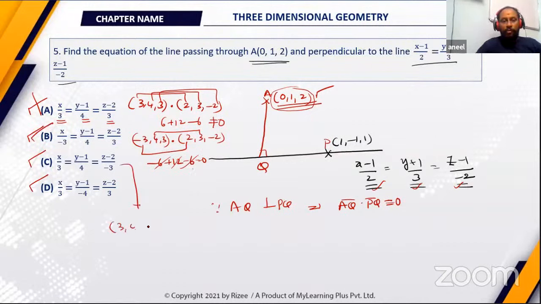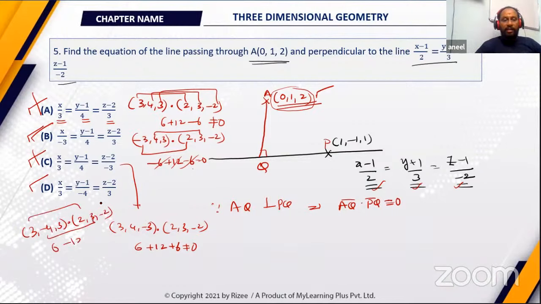So 3, 4, minus 3 dot with 2, 3, minus 2 gives 6 plus 12 plus 6, which is definitely not 0. The last option, 3, minus 4, 3 dot with 2, 3, minus 2 is again 3 2s are 6, minus 4 3s are minus 12, 3 into minus 2 is minus 6, which is not equal to 0, hence this cannot be.